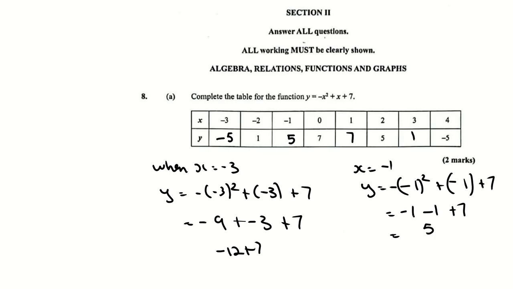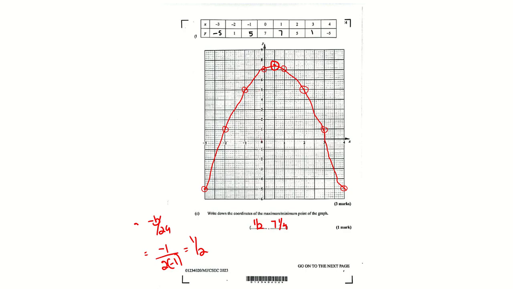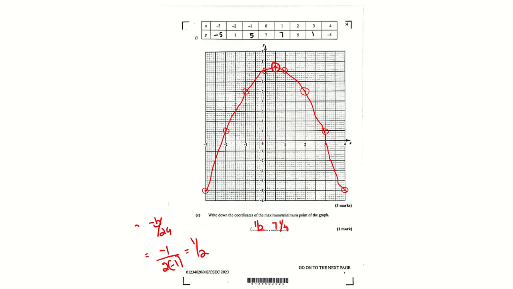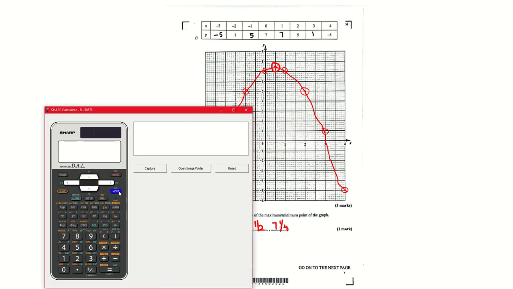So when y is equal to 0, for this, guys, I would honestly use my calculator. Everybody knows how to use a calculator to get a quadratic. Mode, equation, quadratic is 2.